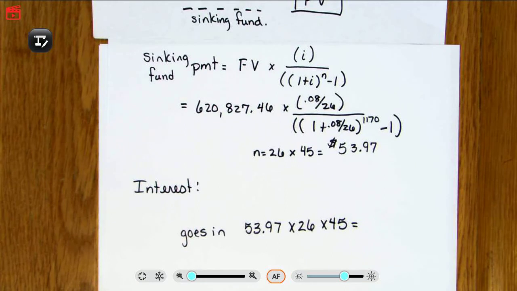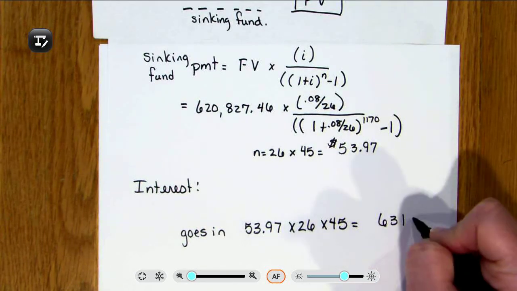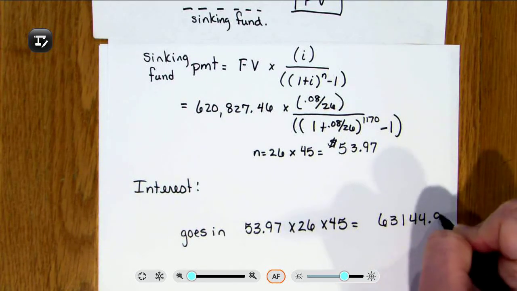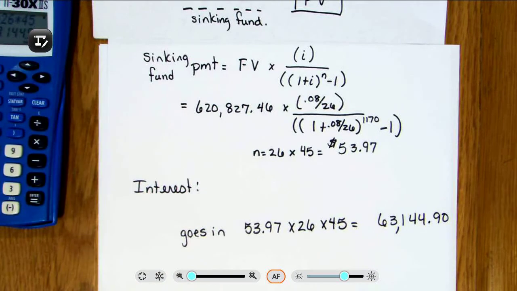So 53.97 times 26 times 45, 63,144.9. So just over $63,000. Now, what is he getting out of this whole thing?